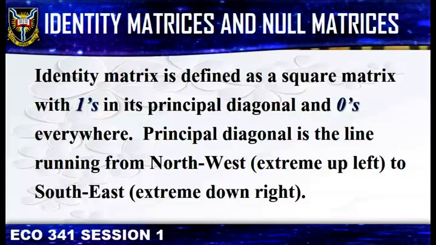Identity matrices and null matrices. An identity matrix is defined as a square matrix with ones in its principal diagonal and zeros everywhere else. The principal diagonal is the line running from the northwest extreme, up left, to the southeast extreme, down right.